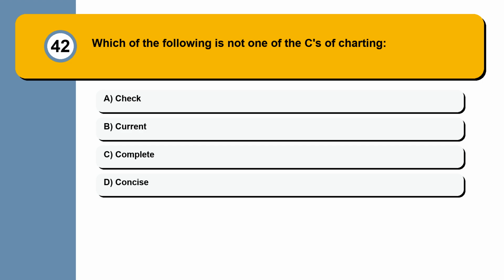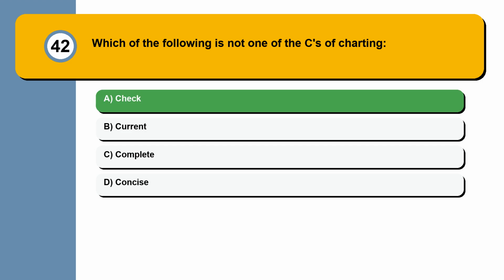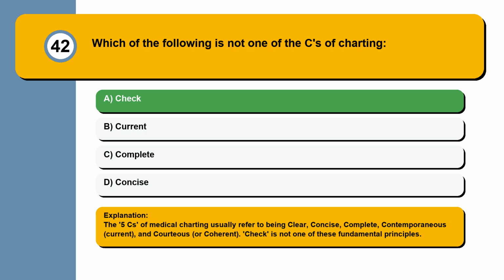Option B, current. Option C, complete. Option D, concise. The correct answer is option A, check. Explanation. The Cs of medical charting usually refer to being clear, concise, complete, contemporaneous, current, and courteous, or coherent. Check is not one of these fundamental principles.